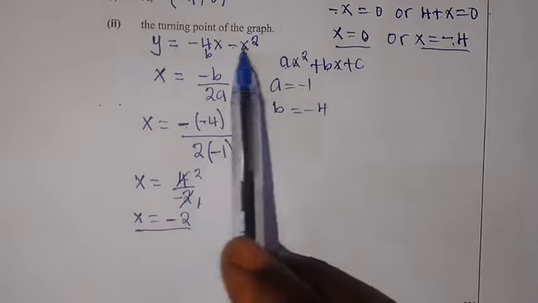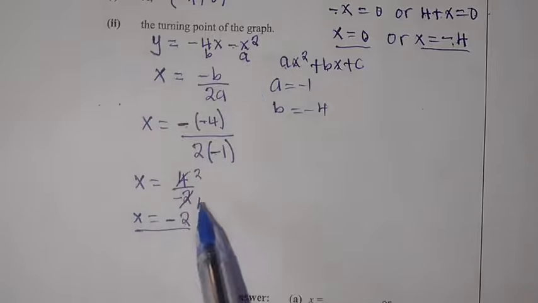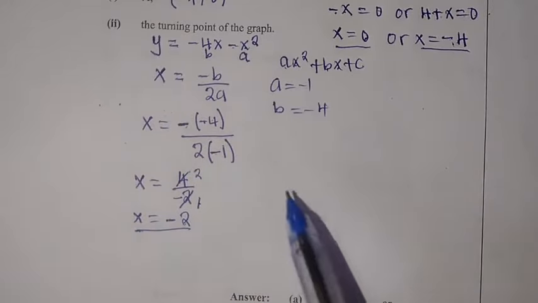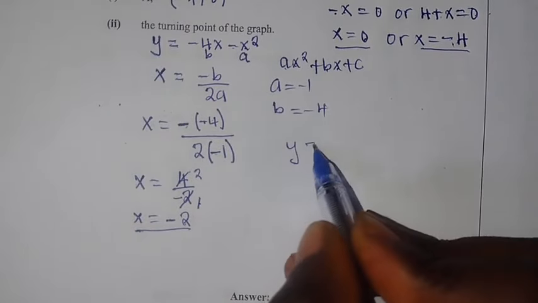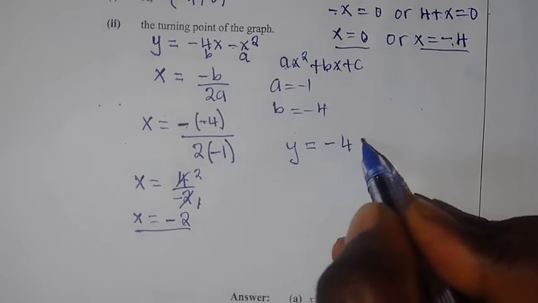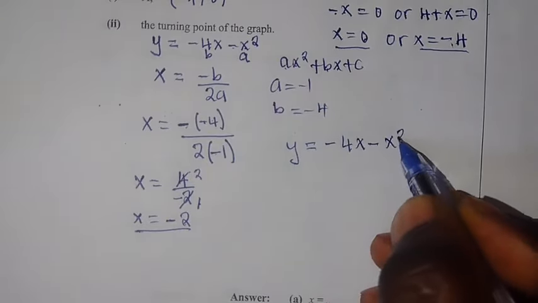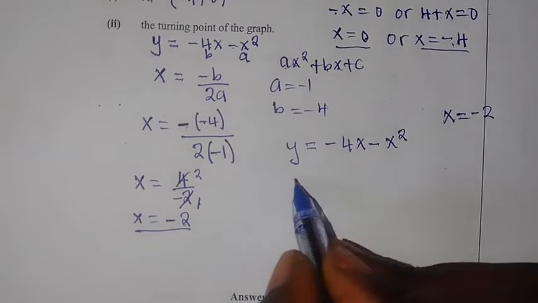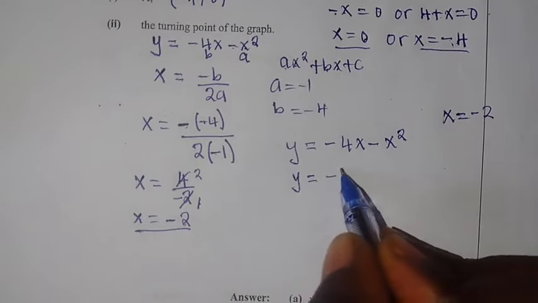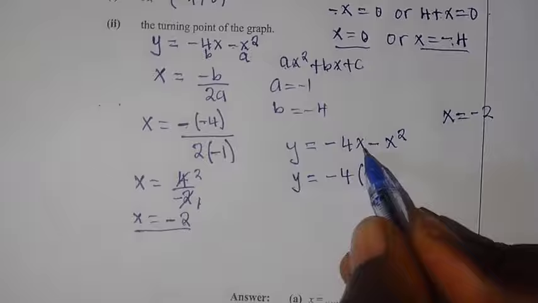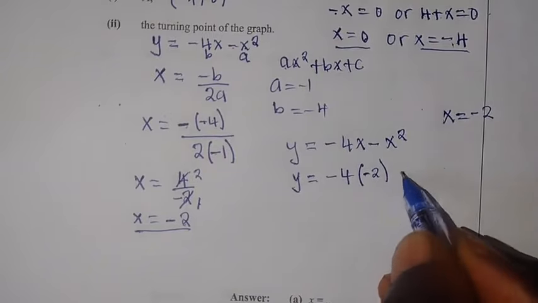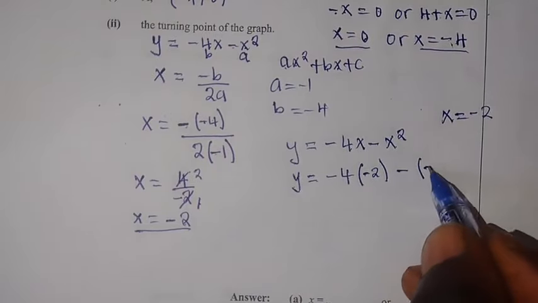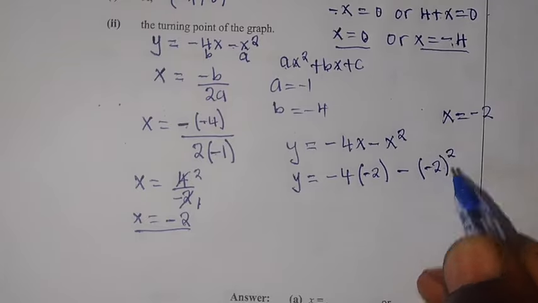If we use this function, where there is x, we are going to substitute with a negative 2. So we can say y equal to negative 4x minus x squared, when x is equal to negative 2. So y is equal to negative 4, open bracket, where there is x, we put a negative 2, minus, again, where there is this x, we put a negative 2 in brackets, squared.